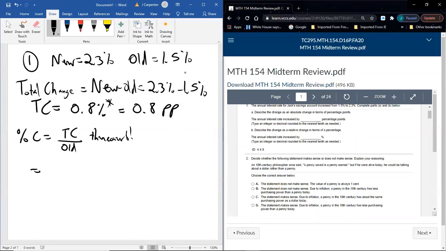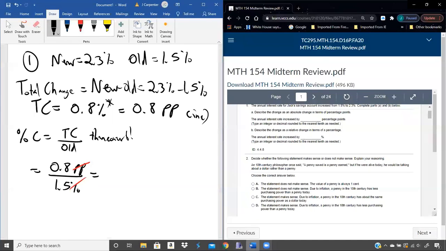So for this one, the total change was the 0.8 percentage points, and that was an increase because it was positive, divided by the original, which was the 1.5%. Even though percentage points and percent are not the same words, they are the same thing. They're just named differently to help you distinguish the difference. So those two things will cancel, and then we can just do 0.8 divided by 1.5.